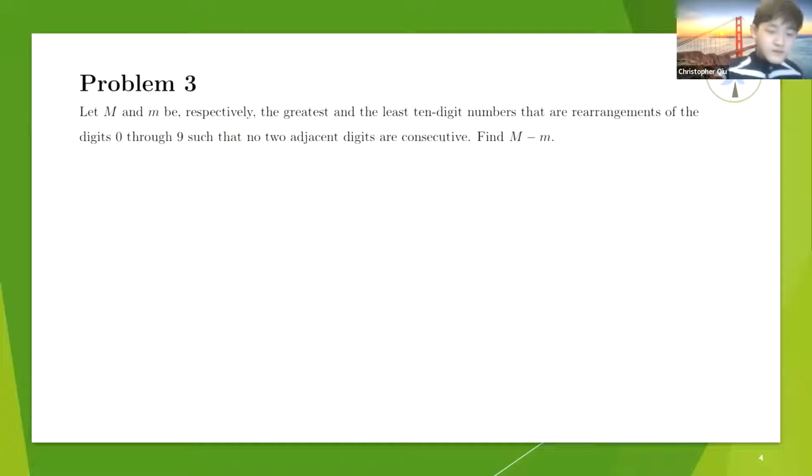Okay, so for problem 3, we have some conditions that we want to satisfy, and we want to find the greatest and least numbers that satisfy these conditions. So in particular, what we have are two 10-digit numbers that are rearrangements of the digits 0 through 9.